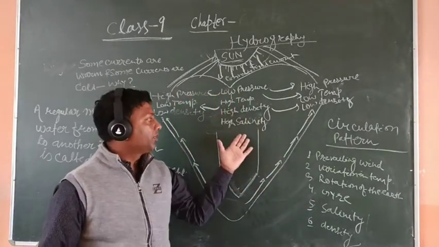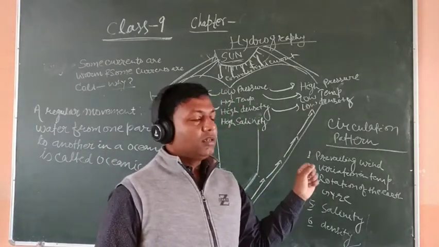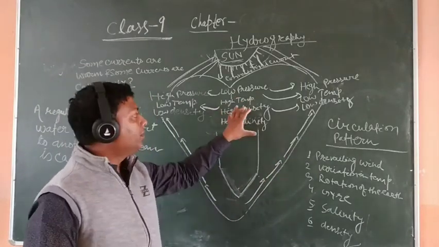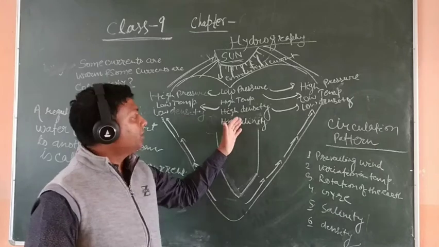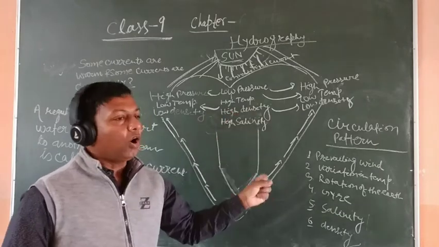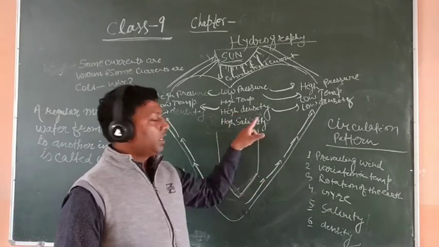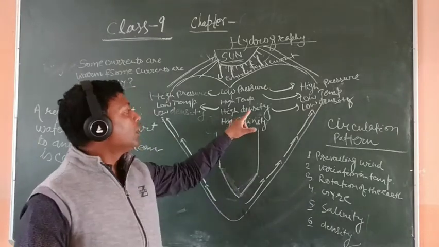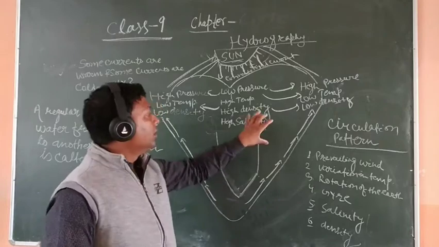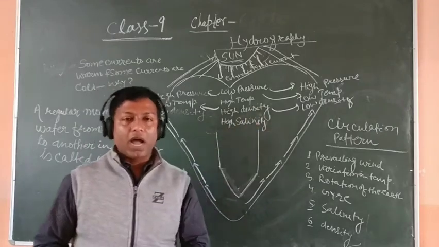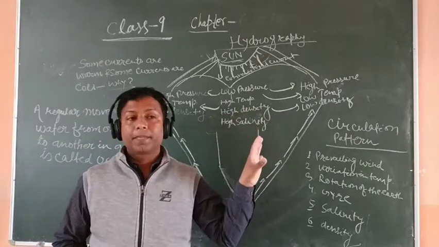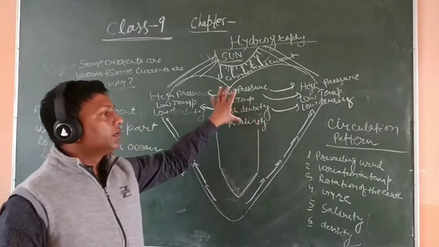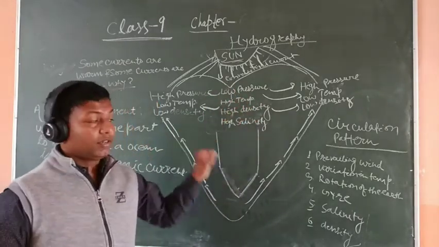With this evaporation the oceanic water is definitely warm, the density of this ocean is high, and due to evaporation the salinity is also high in this particular area. So this is the area of the equatorial region.